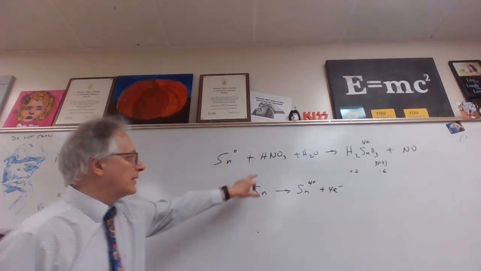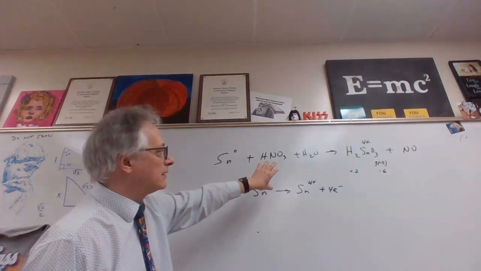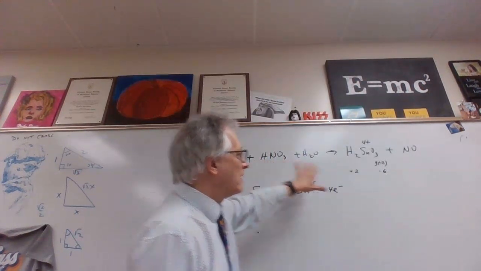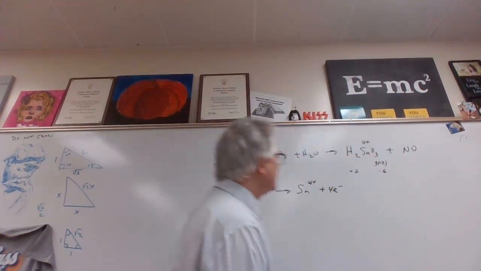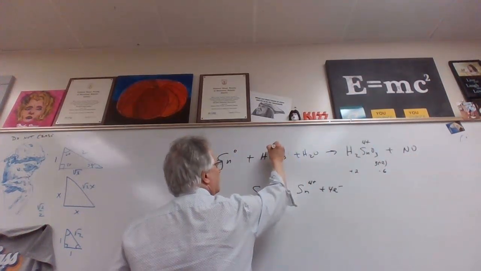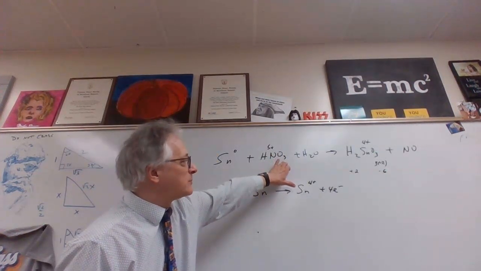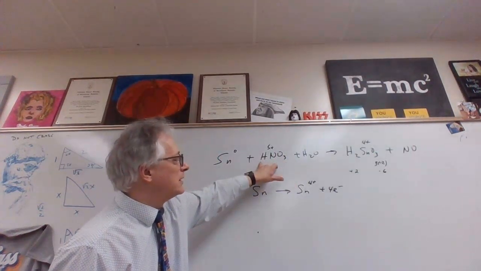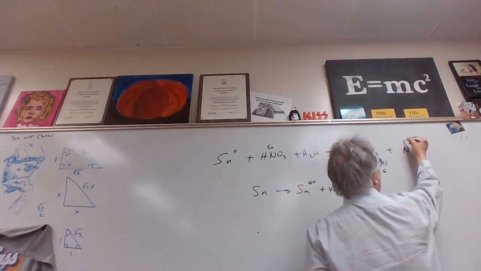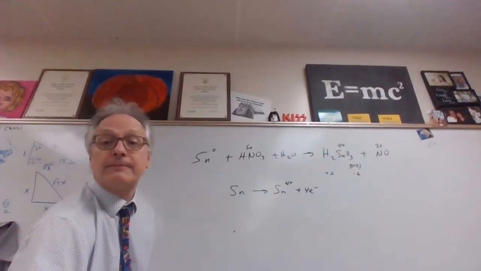I go down here and I look at my nitrogen again, and this one isn't quite as confusing because you have the nitrate here, NO3, going to NO. So let's just take a look at the nitrogen in this case. Well, again, this is plus 5, okay, because 3 times minus 2 is minus 6, plus 1, minus 5, so that has to be plus 5. Over here, you're going to a plus 2 oxidation state.